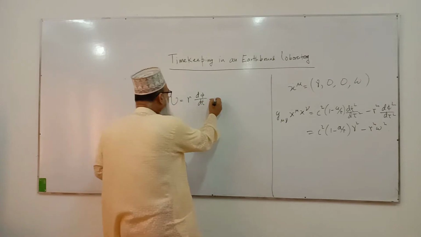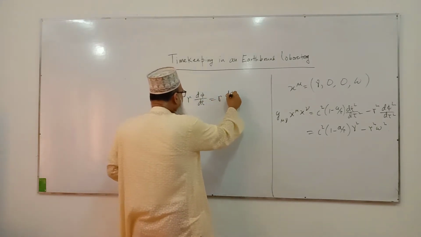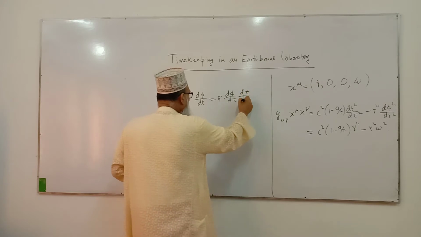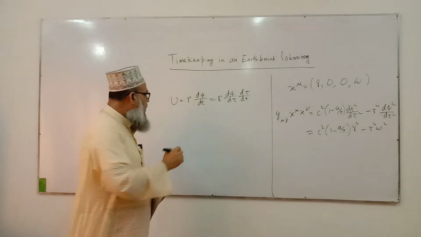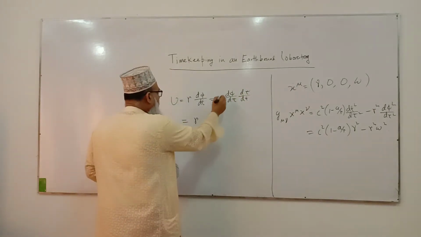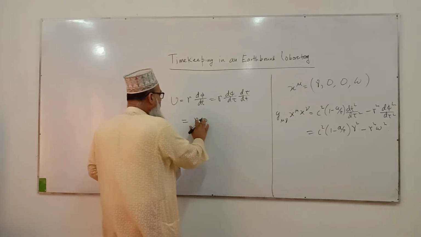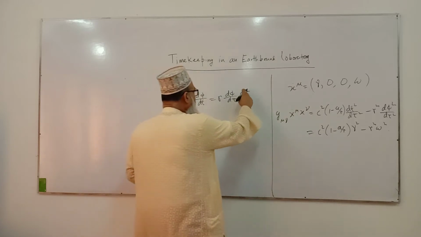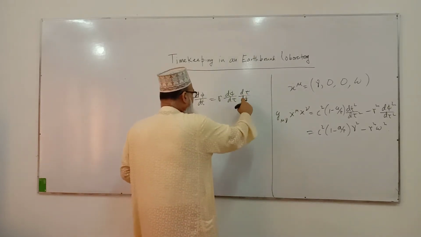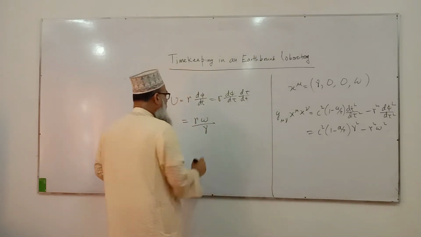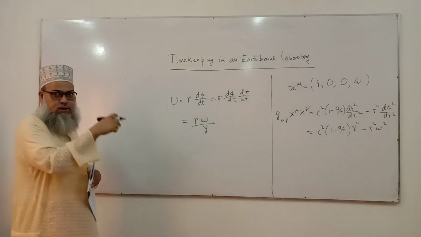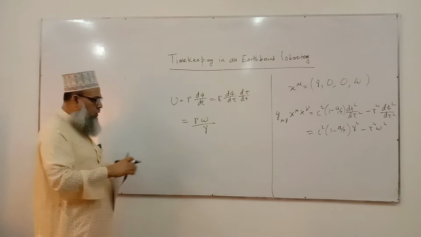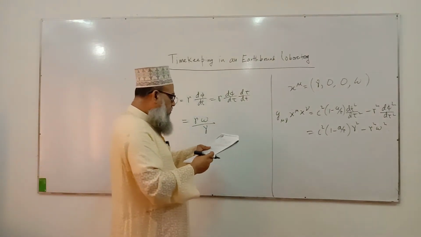Now we can write this as r dφ/dτ times dτ/dt. dφ/dτ is φ dot, which is ω, and dτ/dt is 1 by γ, because dt/dτ is γ. So v is rω by γ.